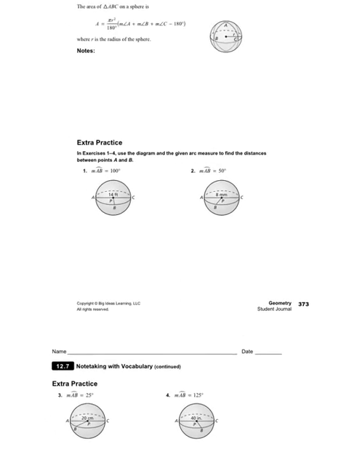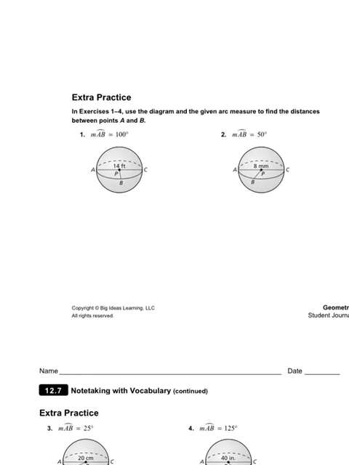For example 1, it says use the diagram and the given arc measure to find the distances between point A and point B. Okay, so we kind of talked a little bit about this earlier, I believe in Chapter 11, if you can remember that far back.